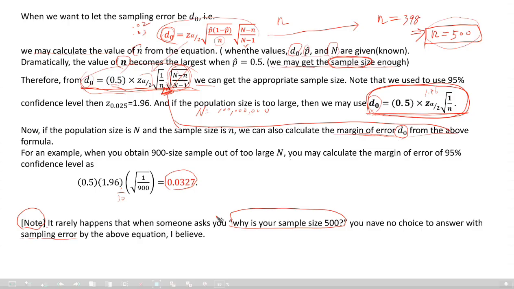You have to think about this equation and see, okay, 900, then the sampling error is 0.0327. I think in this study the sampling error of 0.0327 is enough, so I took a sample size of 900. That can be a good answer, and everybody understands that. This kind of question is a little ridiculous, but sometimes it may happen.